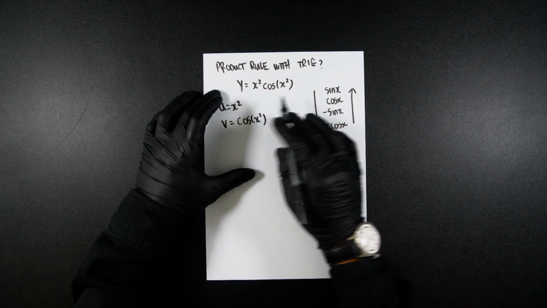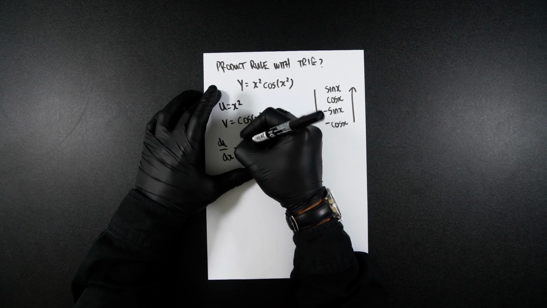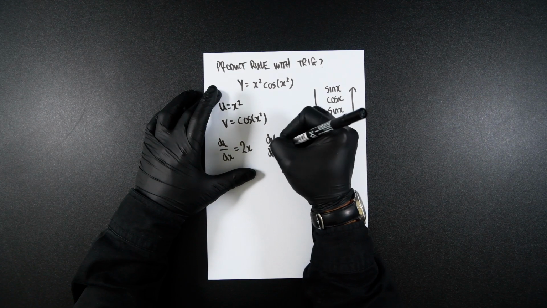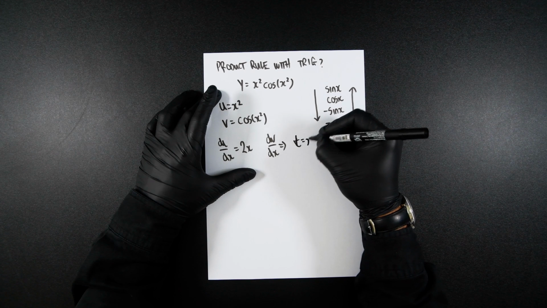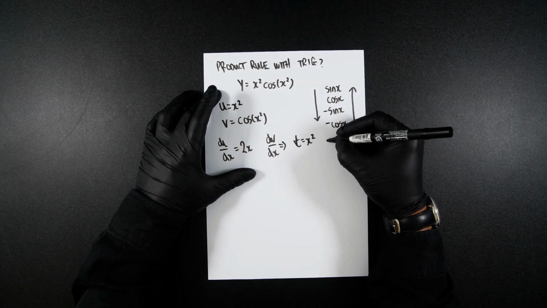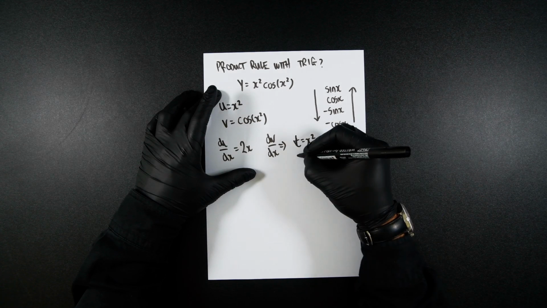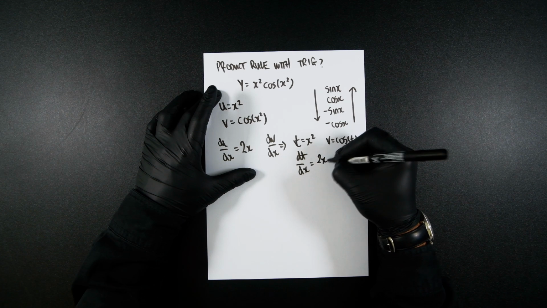So let's first differentiate du dx. It's going to be 2x. And dv dx, we're going to actually use the chain rule. So let t equal x squared. That means v equals cos t. dt dx would be 2x.